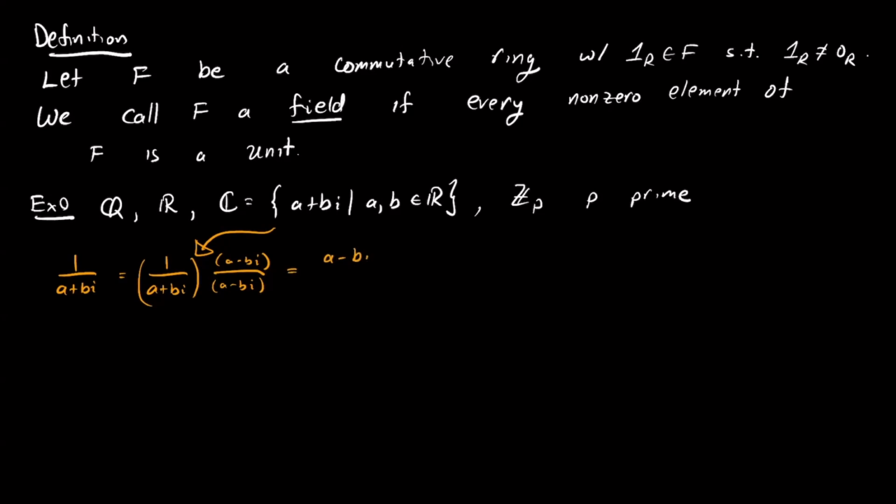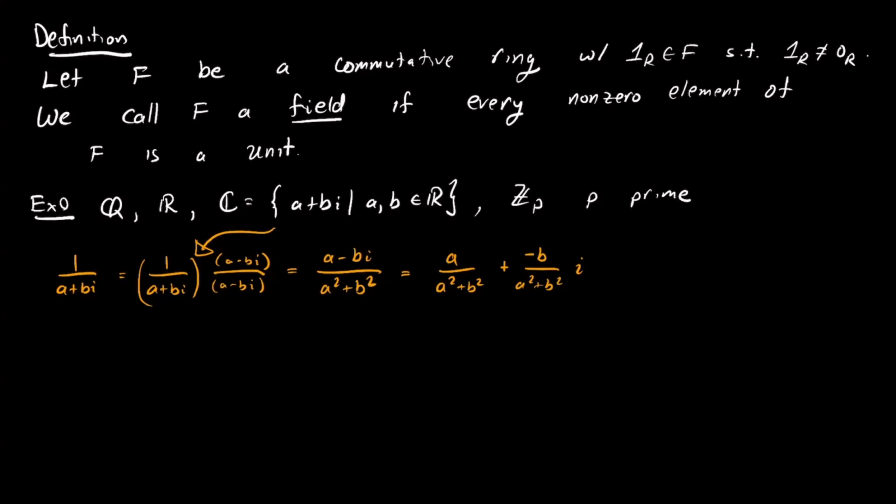I'd be left with A minus BI over, the denominator is going to become A squared plus B squared. So this is going to be A over A squared plus B squared minus B over A squared plus B squared times I. All right, so this is a number of the form A plus BI, and if we want to be really strict about it, we could write it this way. Okay, so this is how you would take the inverse of a non-zero number in the complex numbers.